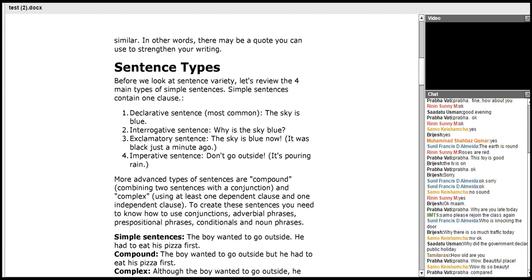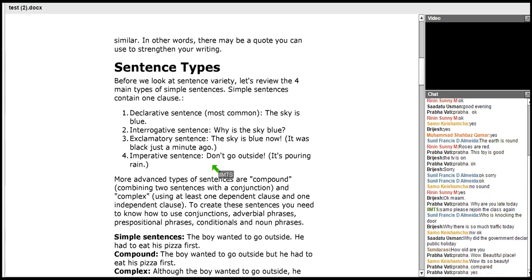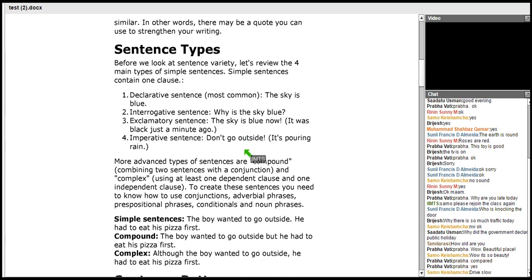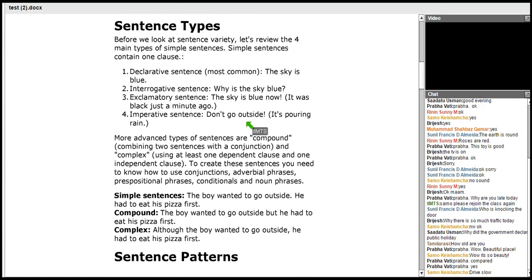And it can end in a full stop or an exclamation mark. Clear this desk by tomorrow. So I am giving a command. Please tidy your room. Consider the lily. So it gives a command. Don't go outside, it's pouring rain.